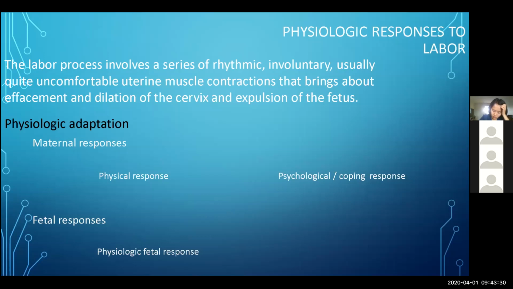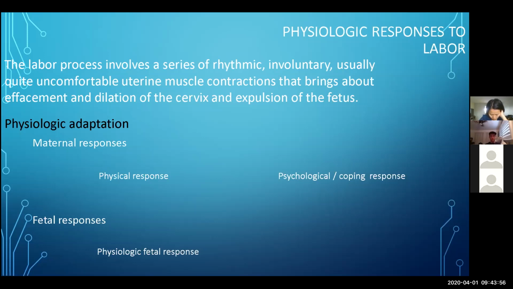So we've kind of ventured between keeping our NPO versus clear liquids versus no dietary restrictions in labor, as some hospitals have adopted across the United States, but it is strictly dependent on the hospital policies, the physicians, and the anesthesiologists. The temp rises slightly due to increased muscle activity.